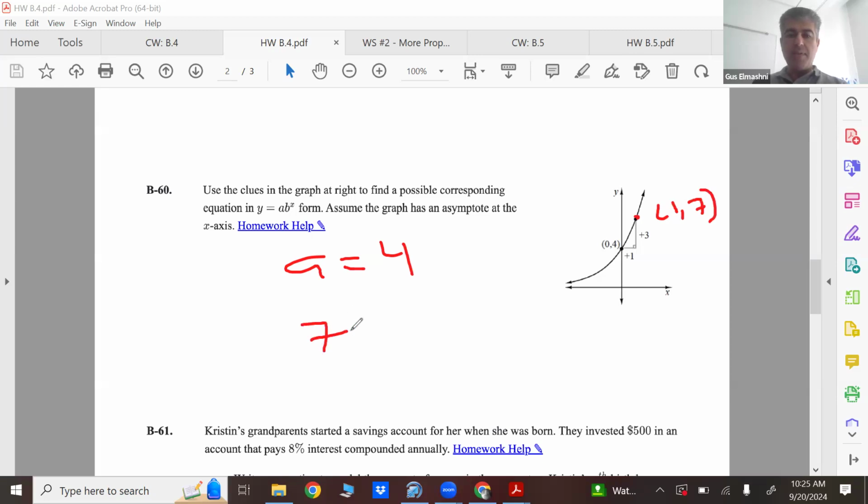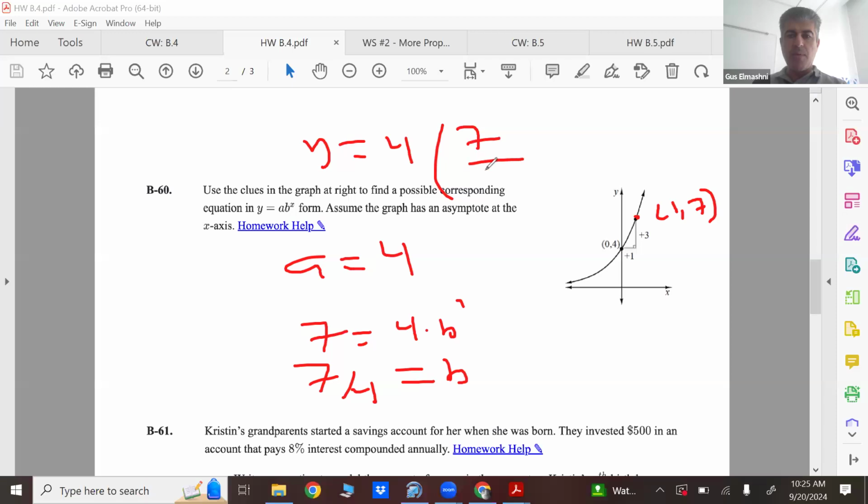So 7 equals 4 times b to the 1 power. What does b equal? 7 over 4. Perfect. And that's your equation: y equals 4, parentheses, 7/4 raised to the x power. Yeah, that's a decimal. That's fine too. If you have 1.75, totally fine.